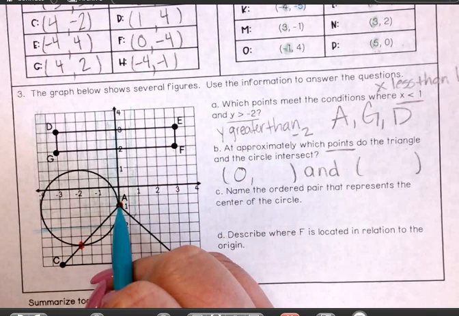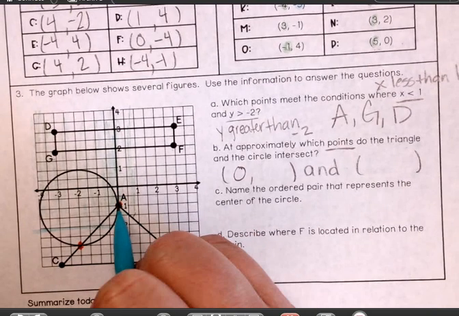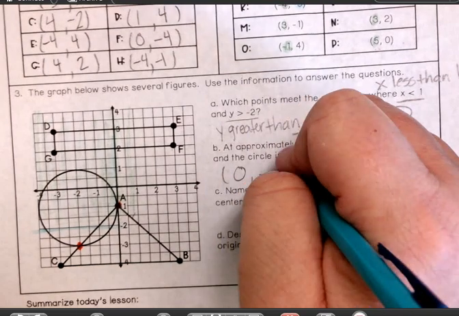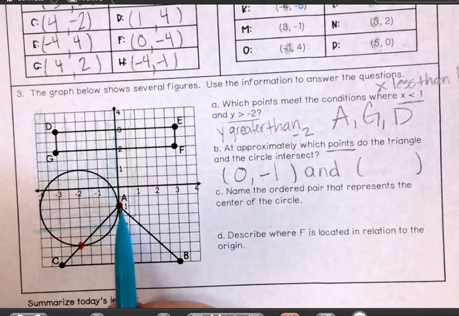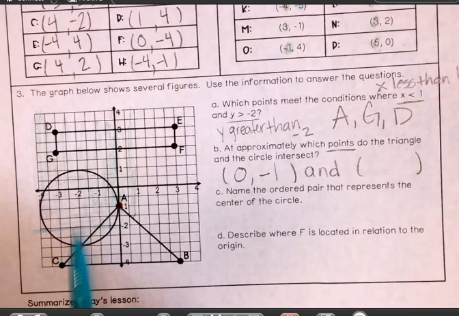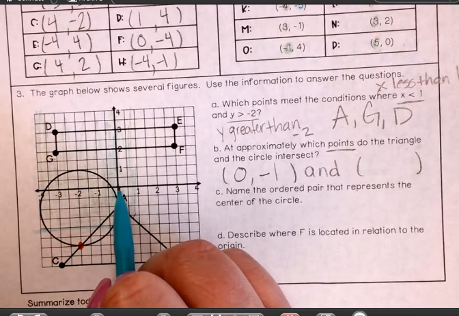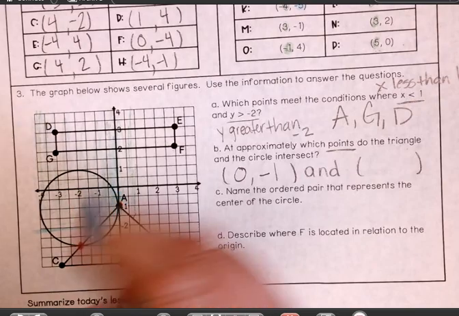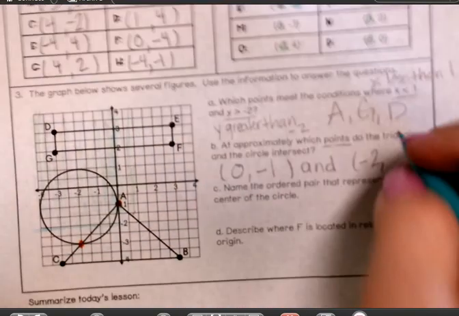Now, from origin, did I move up or down? Down to -1. And we're going to go with the way they have the graph labeled. Now, what about this one down here? When I started at origin, how far to the right or the left did I go? 2. And then did I go up or down? Down 2. -3.